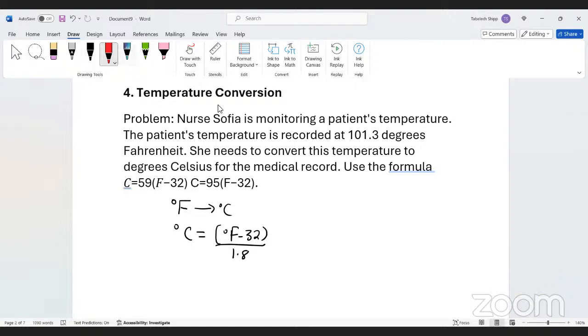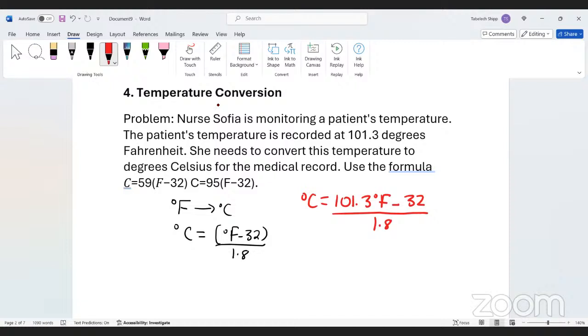So I'm going to write the first formula here. The one here, I'm going to use the degrees Fahrenheit, which is 101.3 degrees Fahrenheit minus 32, and then divide that by 1.8.